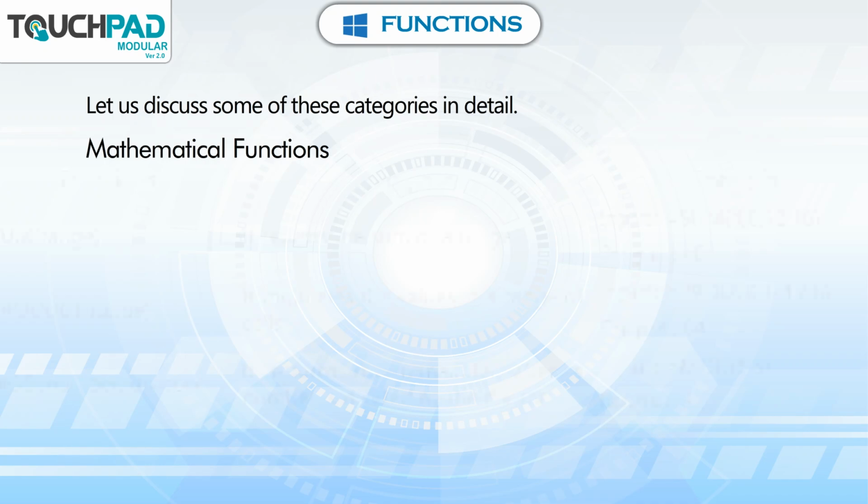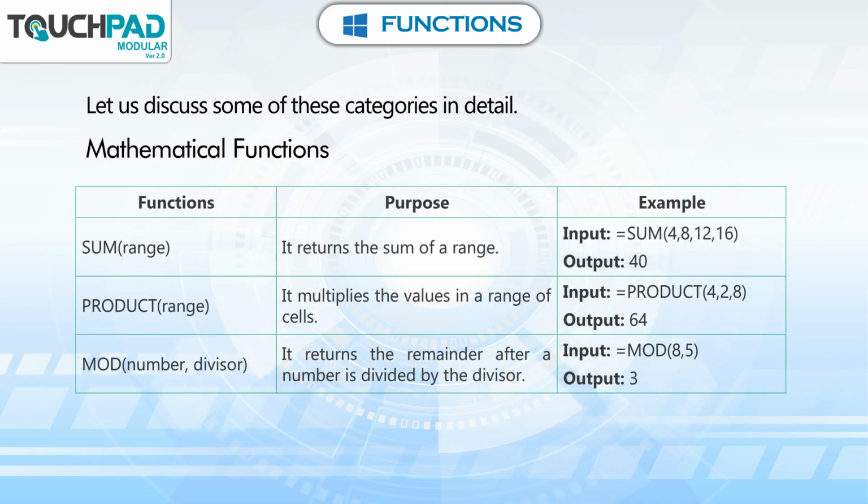Mathematical functions. Functions, purpose, example. Sum, range. It returns the sum of a range. Input: equals SUM(4, 8, 12, 16). Output: 40. Product, range.